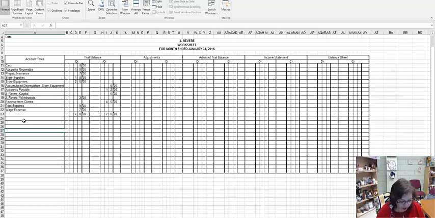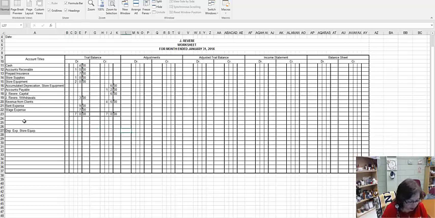So what you would do is come down here and enter, for example, depreciation expense for store equipment. Okay, and it is $6. So you're going to debit this because it's an expense. You're going to come all the way over here.